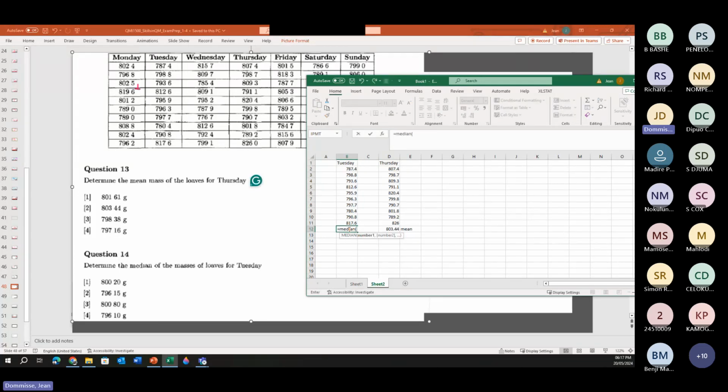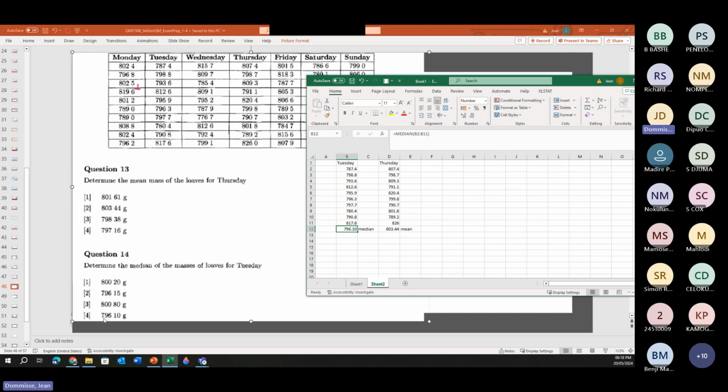Let's quickly check. Median would have been 791 or 796.1, 796. Okay, that is a bit... I don't like it that they have it so close to one another. That's a bit unfair, to be honest.